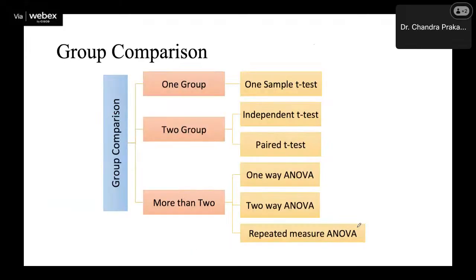So in that group, when we compare the group, then we have one sample t-test or two group independent t-test or paired t-test, right? And likewise, when we are having more than two groups, then we can have one way ANOVA, two way ANOVA, repeated measures ANOVA and like that.